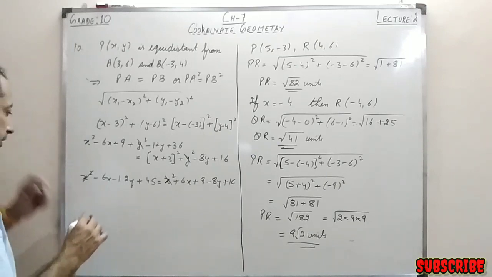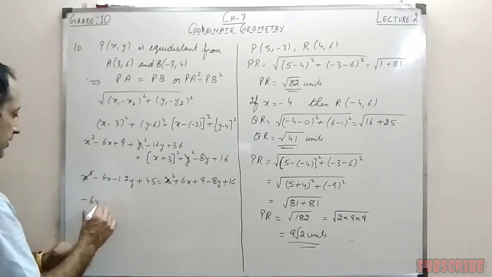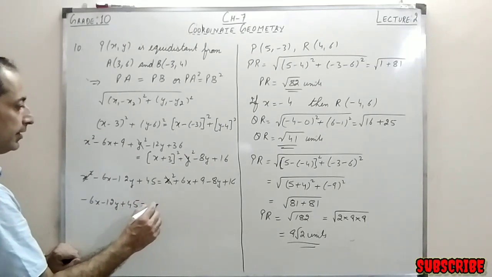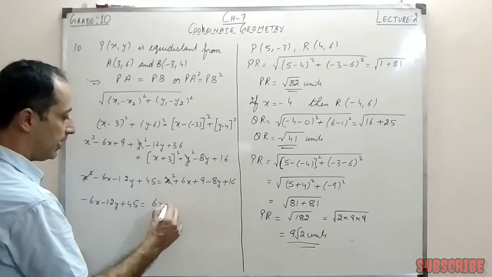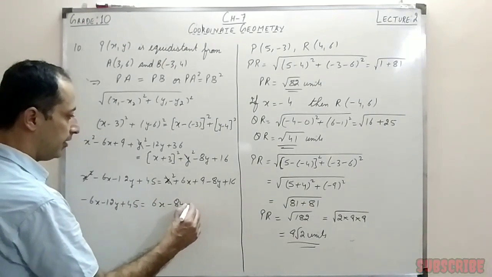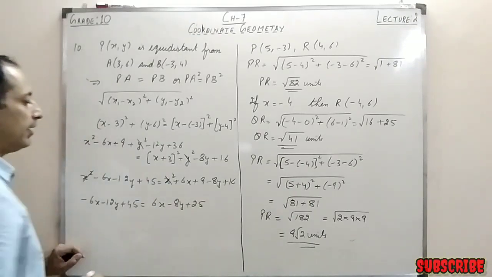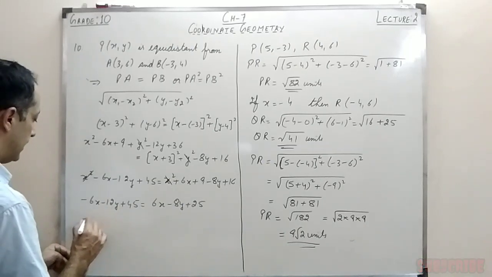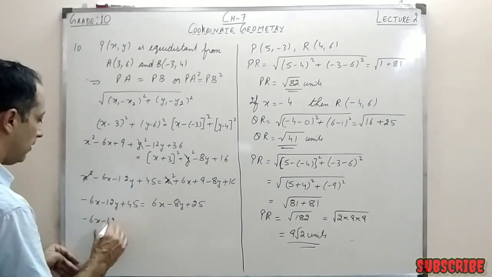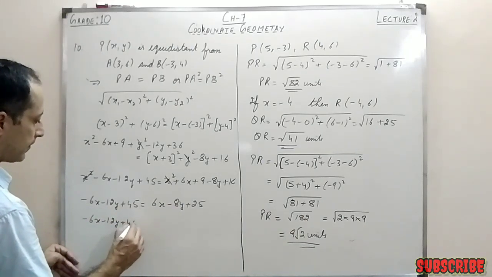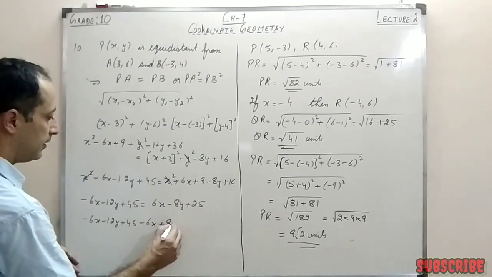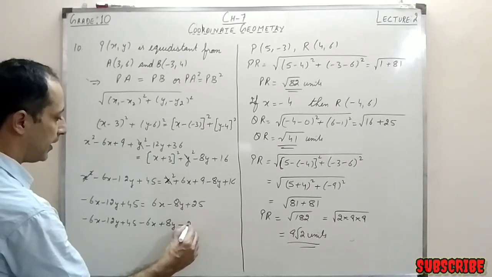Right? Now what I am left with, this is minus 6x minus 12y plus 45 on my left side, and on the right side of equality we have 6x minus 8y plus 25. Now we shift all the terms to the left side, and when we shift it, the sign of all will change. So this plus becomes minus, this minus becomes plus, and this plus again becomes minus.